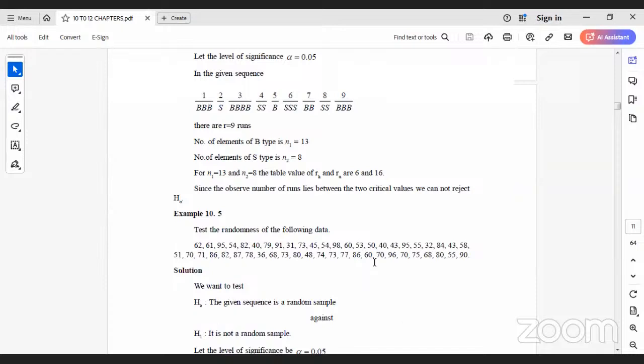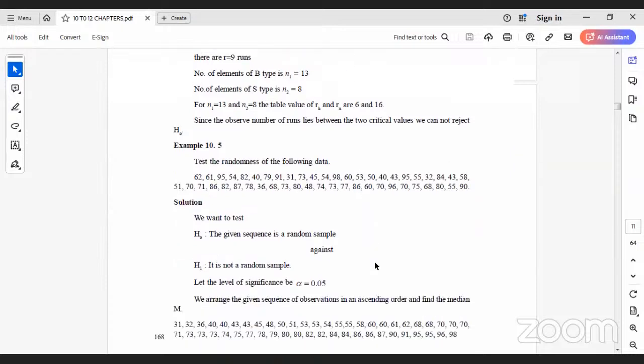Another example we have to take here. The values given in the data are: 62, 61, 95, 54, 82, 40, 79, 91, 31, 73, 45, 54, 98, 60, 53, 50, 40, 43, 95, 55, 32, 84, 43, 58, 51, 70, 71, 86, 82, 87, 78, 36, 68, 73, 80, 48, 74, 73, 77, 86, 60, 72, 96, 70, 75, 68, 80, 55, 90.